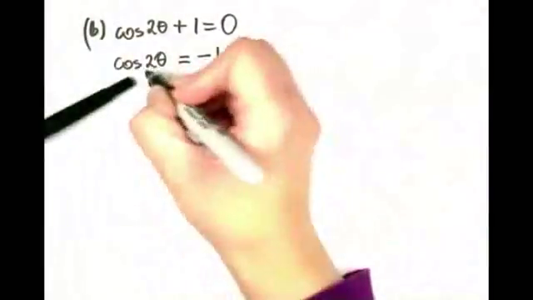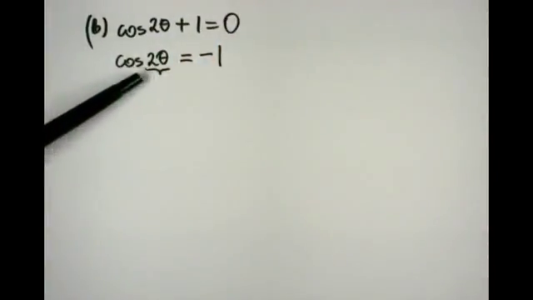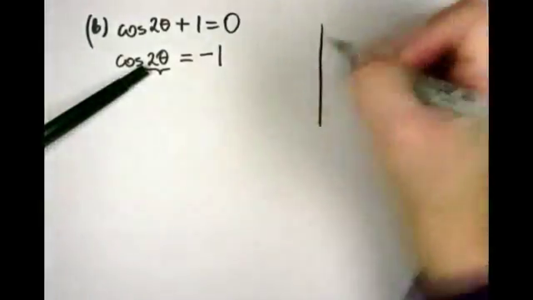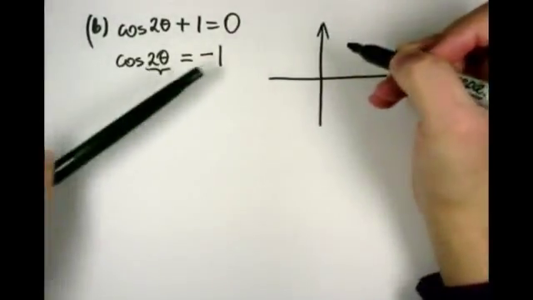Now, we treat this 2 theta as just one angle. Whenever you have 2, you need to go 2 revolutions. Whenever you have 3, you go 3 revolutions, and so on. So for cos theta where the cos is equal to -1.